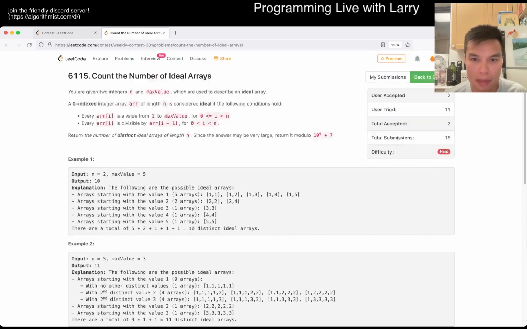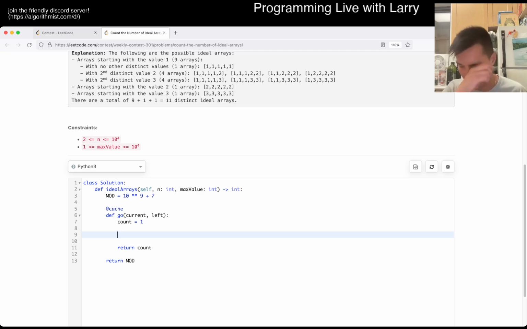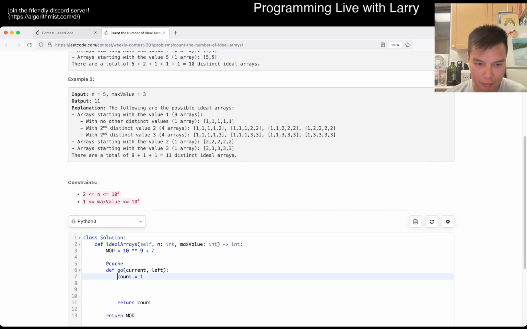Still a mod thing. Yep. I didn't actually miss it, but mod. Okay. So now we want to. We just assume that we don't go. Maybe I don't know. I don't know if this is right, to be honest.